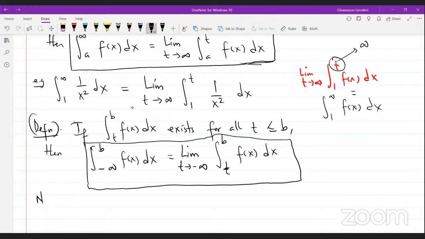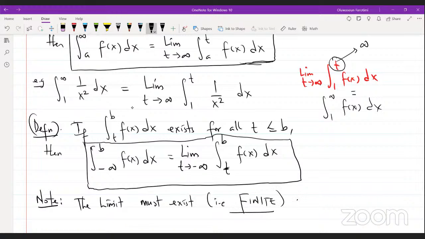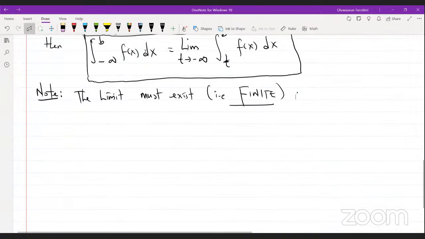So let's note: the limit must exist, that is finite. You remember that from your knowledge of calculus 1. When you compute a limit and it exists, it gives you a finite number.